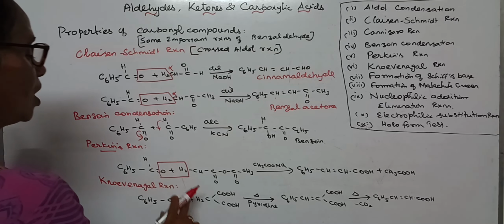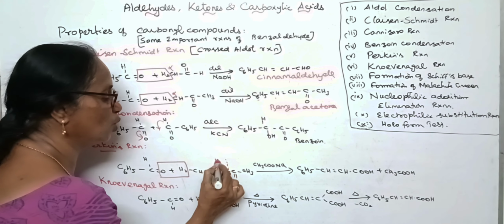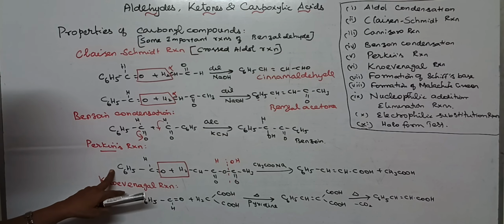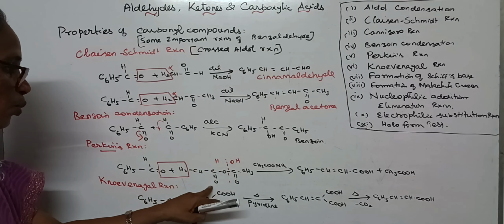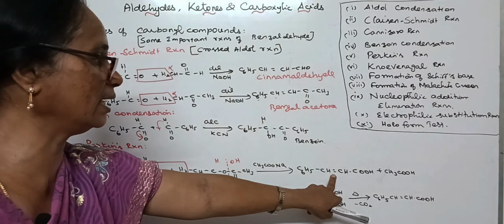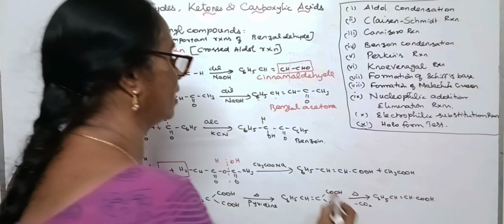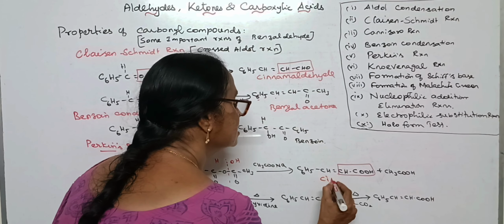This water molecule now just breaks here. So you are getting H and OH over here. So what you will get? C6H5CH=CHCOOH. So you are getting cinnamic acid. See that CHCHO was cinnamaldehyde, here CHCOOH. So the name is cinnamic acid.